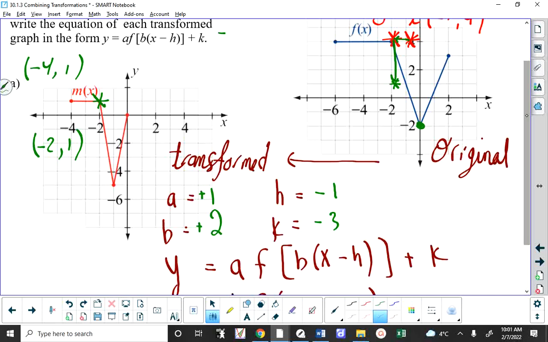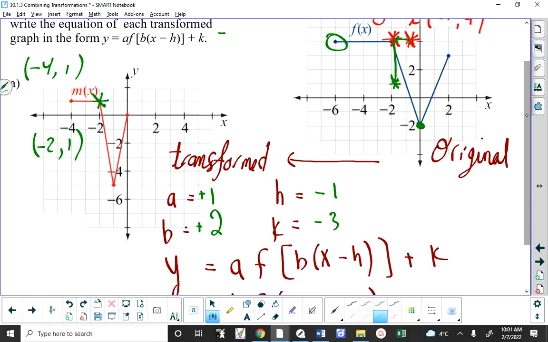When I pick the point negative 6 comma 4, and I stretched it vertically by a factor of 1 and horizontally by a factor of a half, it landed at, I forget where. And then in order to get it to be at the place where it should be, which is negative 4 comma 1, I would need to translate it 1 to the left and 3 down.